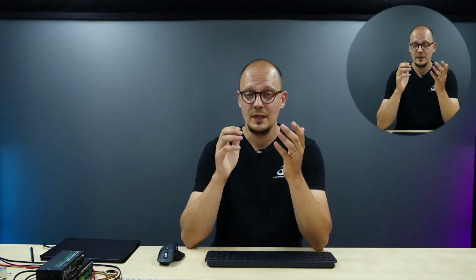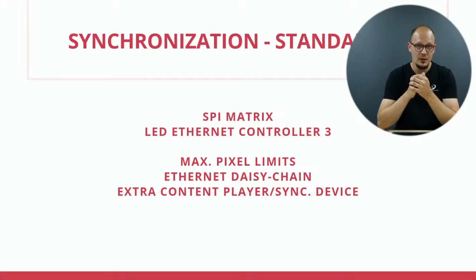Of course, if you have an option to have a software on site, you don't have to worry about any synchronization at all, because you will simply connect multiple devices, hook them up to your PC and play the content from your computer. However, if you don't have an option to have a PC at the place where you have the project, then you need to sync multiple devices together.